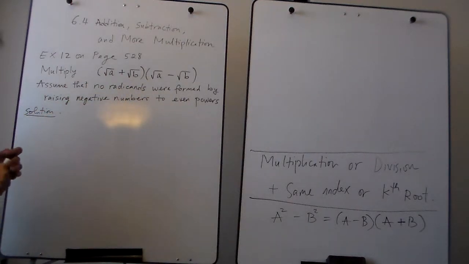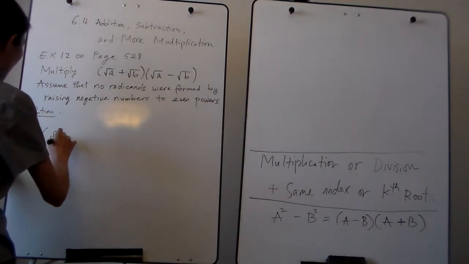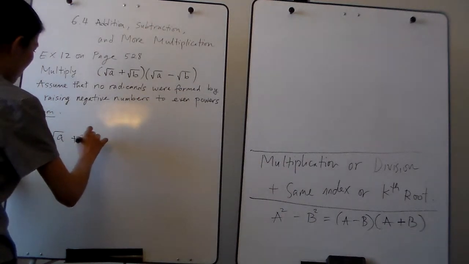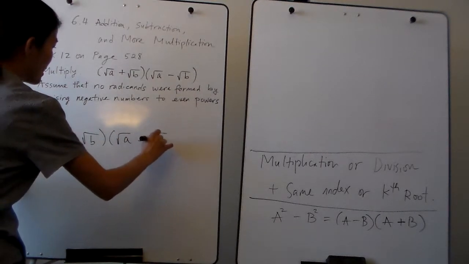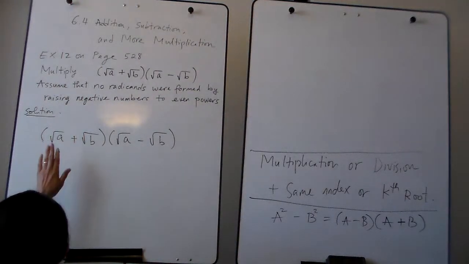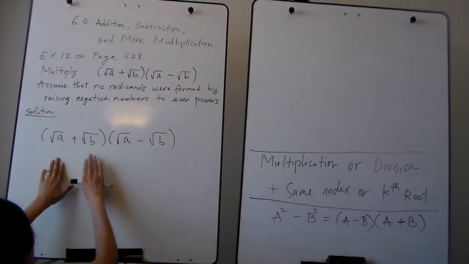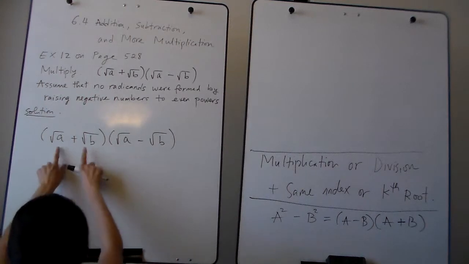They are not negative. So multiply square root of a plus square root of b times square root of a minus square root of b. Now, if you notice, we have square root of a, square root of b, square root of a, square root of b. They're the same, right?